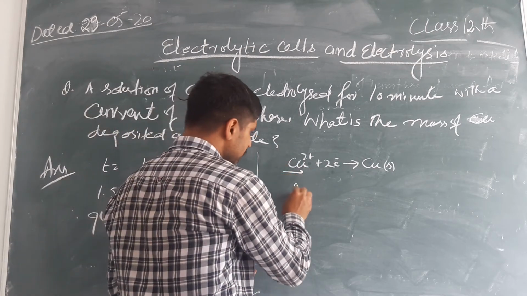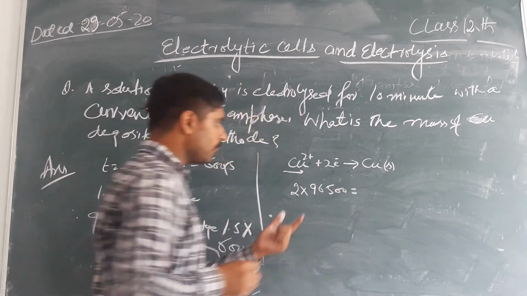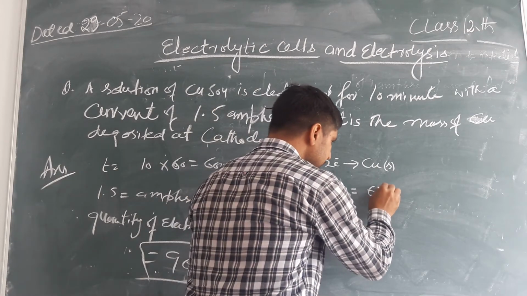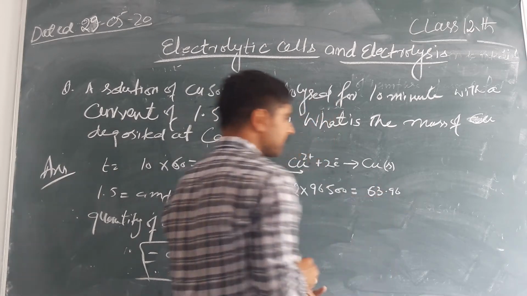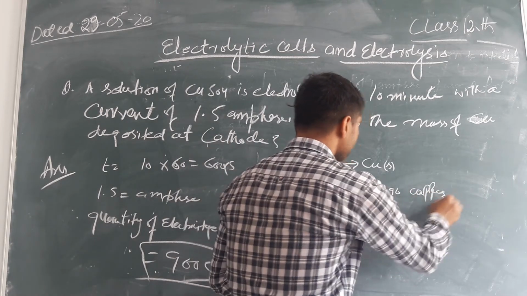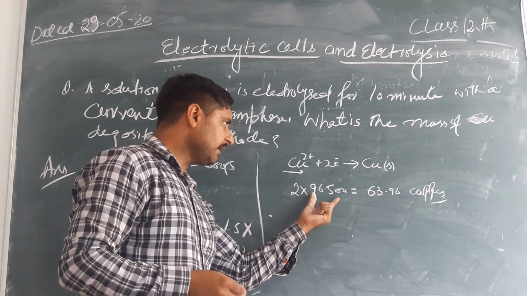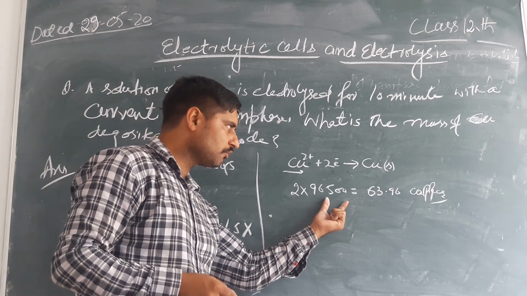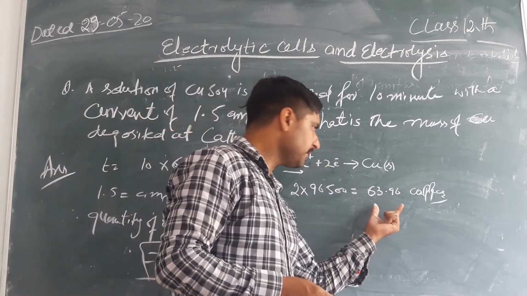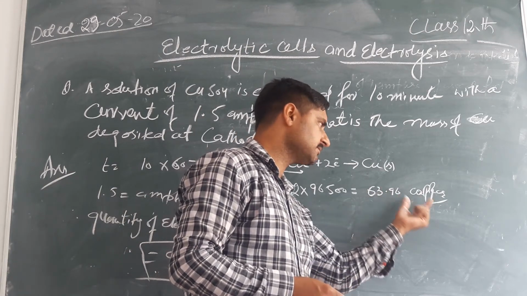It means 2 into 96500 coulomb deposits an amount of copper equal to the equivalent weight of copper. Since 2 electrons are involved, 1 electron carries 96500 coulomb of charge, and this deposits copper equal to the equivalent weight of copper, that is 63.5.